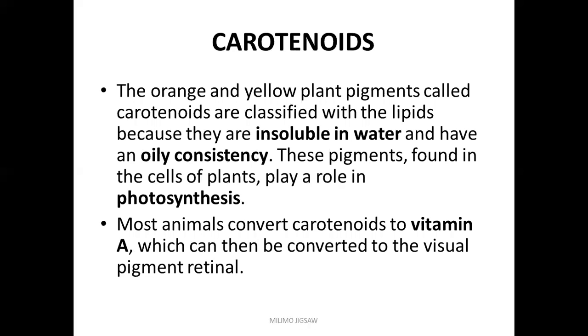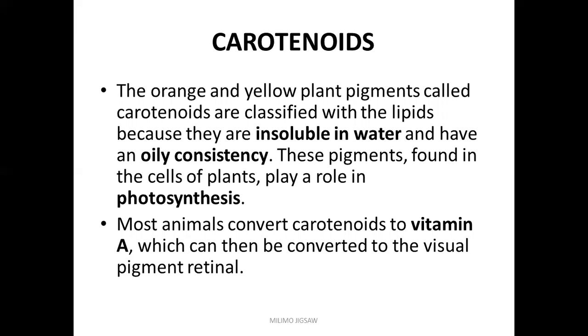Then we also have pigments in plants called carotenoids, which are also classified as lipids, as they are insoluble in water and have an oily consistency. These pigments are found in the cells of plants and play an important role in photosynthesis. Animals are able to convert carotenoids to vitamin A, which is a very important component of the visual pigment retinol.